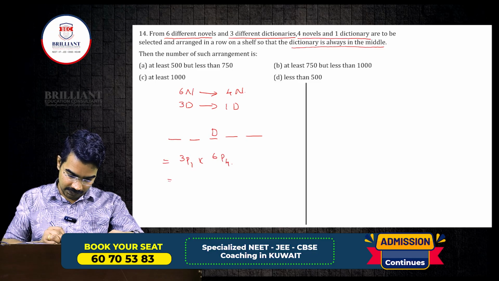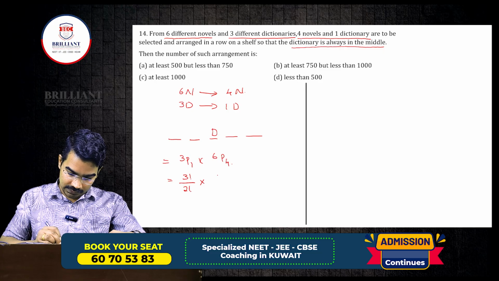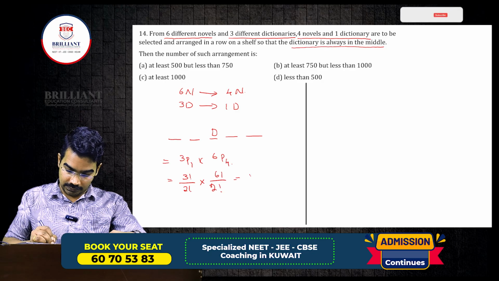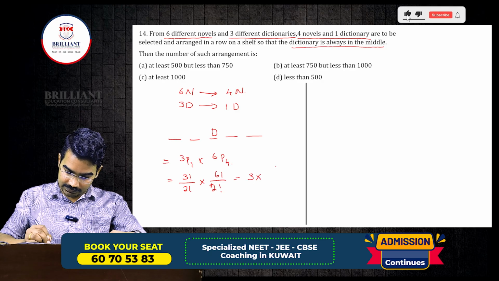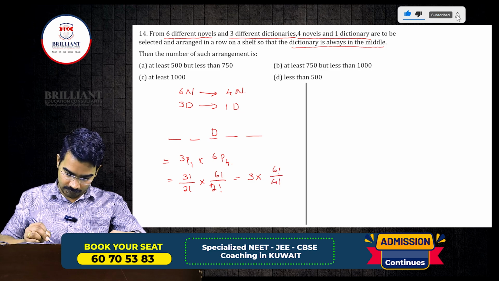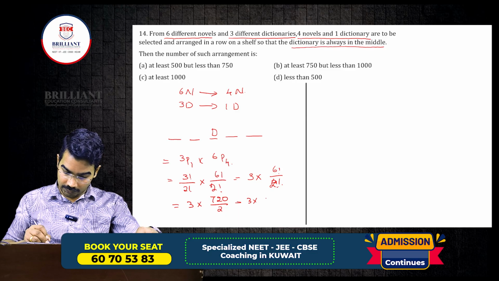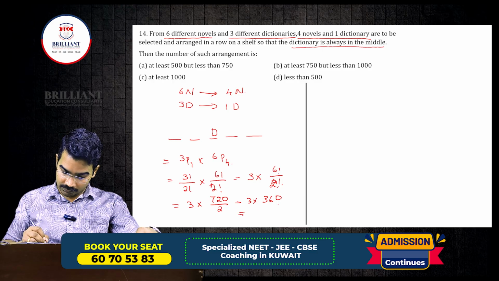So the answer will be 3 factorial by 2 factorial into 6 factorial by (6 minus 4) factorial, that is 2 factorial. This will be 3 into 6 factorial by 2 factorial, that is 3 into 720 divided by 2, that is 3 into 360.